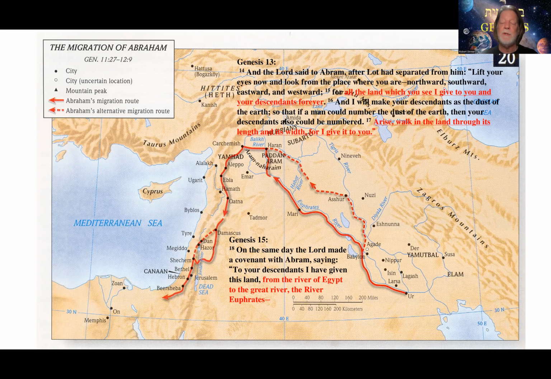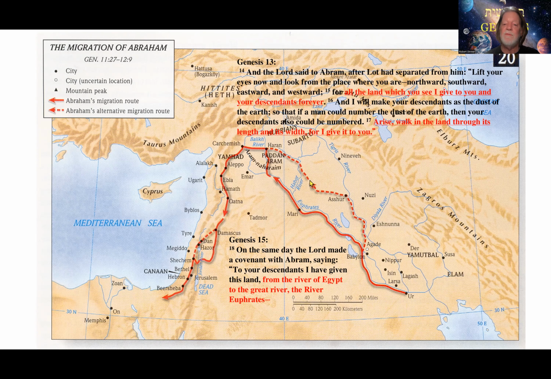According to Genesis 13, the Promised Land will consist of everywhere where Abraham's foot falls and his eyes behold. And then in Genesis 15, it gets more geographical. It defines the Promised Land as being from the river of Egypt, which I would say is the Nile River on the west, to the great river, the river Euphrates.